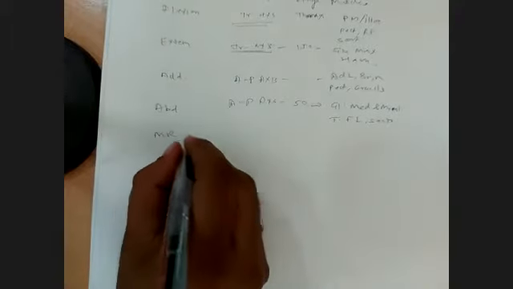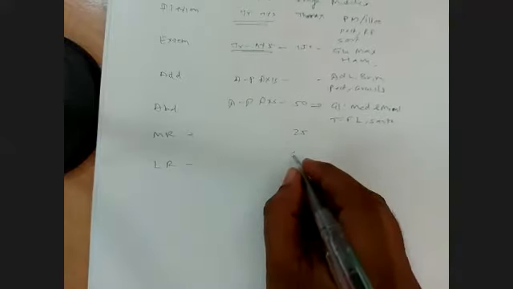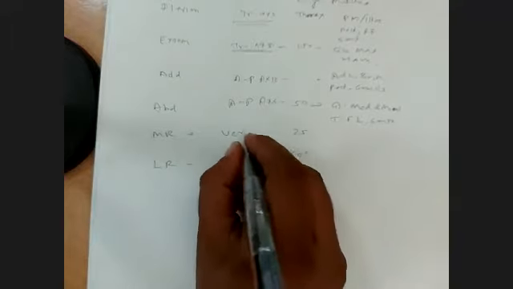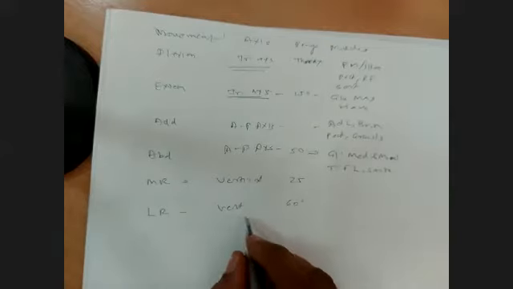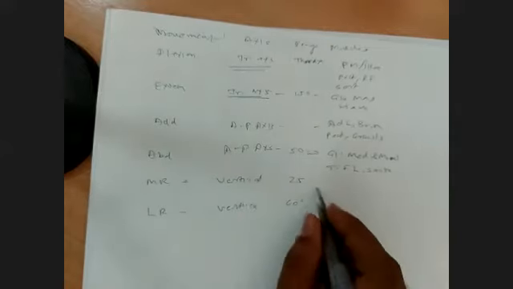Then there is medial rotation, the range of which is 25 degrees, and lateral rotation, the range of which is 60 degrees. They take place around the vertical axis. So flexion and extension are around the transverse axis, adduction and abduction around the anteroposterior axis, and medial and lateral rotation around the vertical axis.